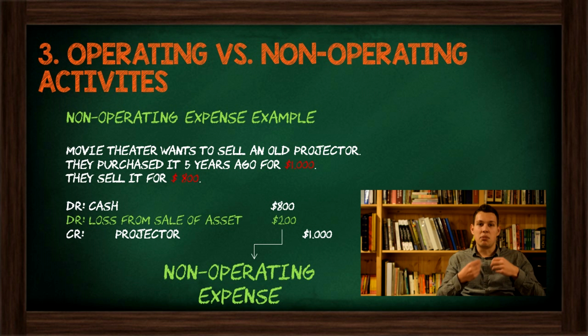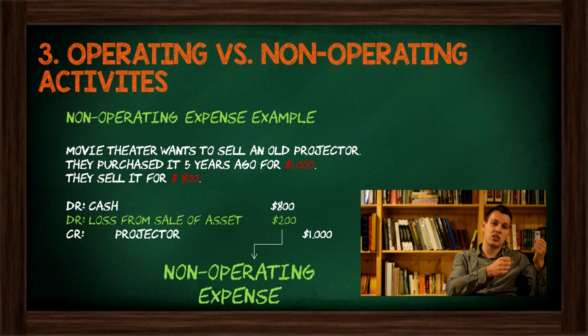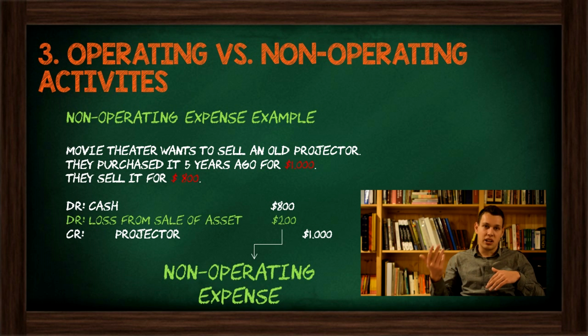It's not what they're in the business for, okay? You expect the company to incur expenses that support them to bring movies and concession goods to their customers, and one of those activities does not involve selling off old equipment, right? It's just not part of their day-to-day operating cycle, right? It's something that they kind of do on the side, which is why we classify it as a non-operating activity.